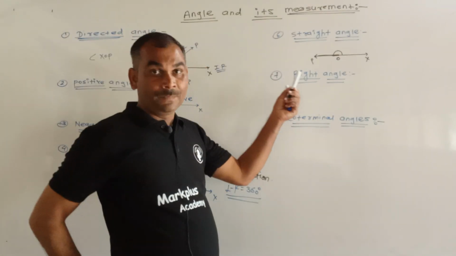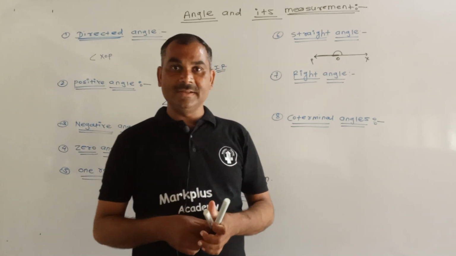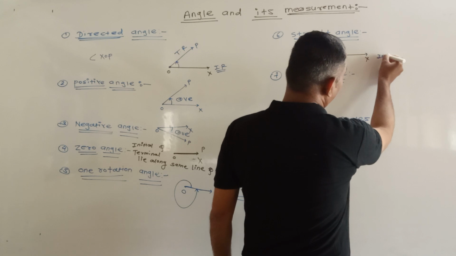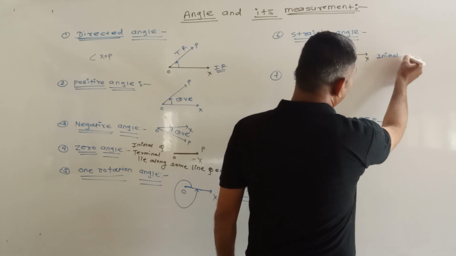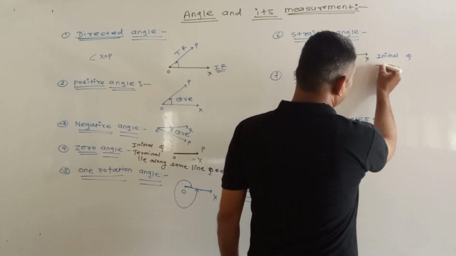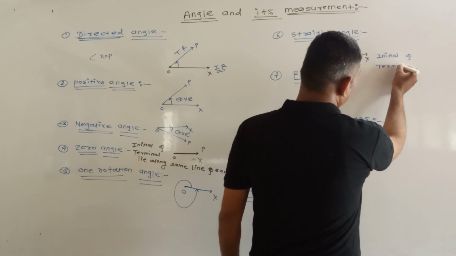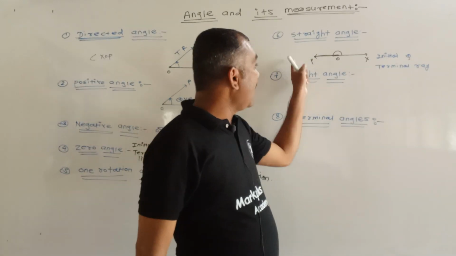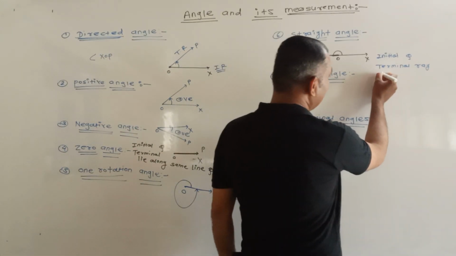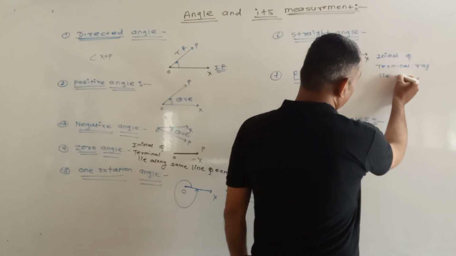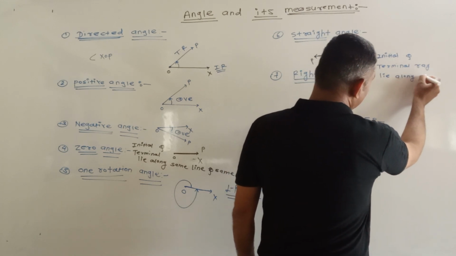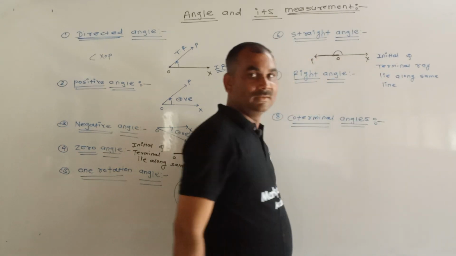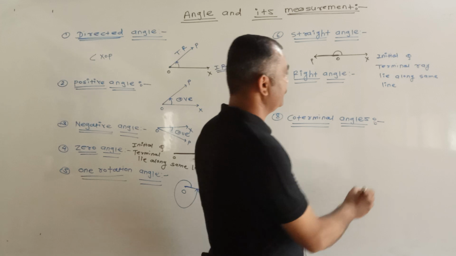Here the initial ray and terminal ray lie along the same line but in opposite directions.